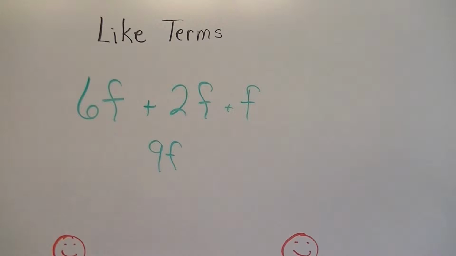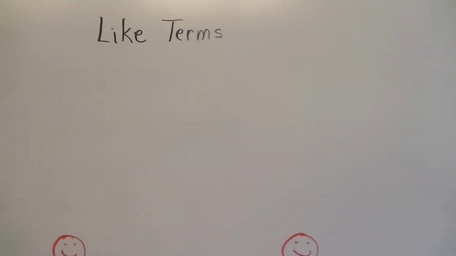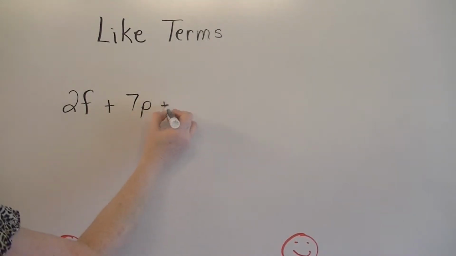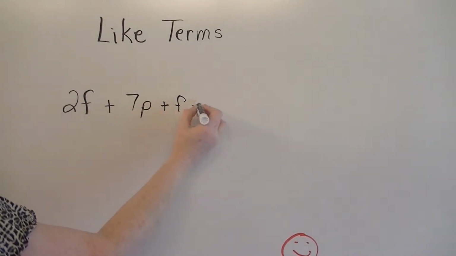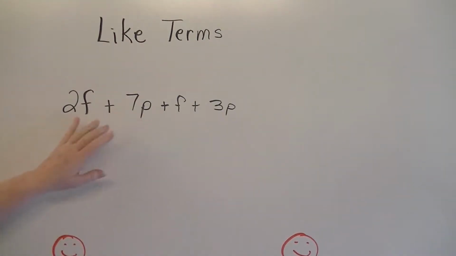Let's try another one. This time, let's use the pig and the frog together. Let's say that you have 2 frogs and 7 pigs and another frog and 3 more pigs. In math, you can't turn a pig into a frog or a frog into a pig.